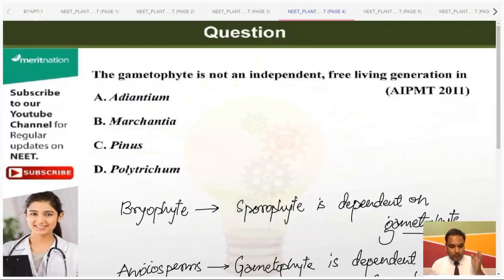Now, the question is asking that the gametophyte is not an independent free living generation, where the gametophyte here is not independent. Now, if you talk about Marchantia, it's a bryophyte. Yes or no? Marchantia, is it a bryophyte or not?